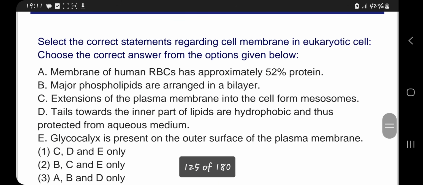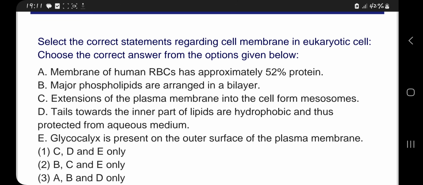Select the correct statement regarding cell membrane in eukaryotic cell. A, membrane of human RBC has approximately 52% protein. B, major phospholipids are arranged in a bilayer. C, extension of the plasma membrane into the cell forms mesosomes.